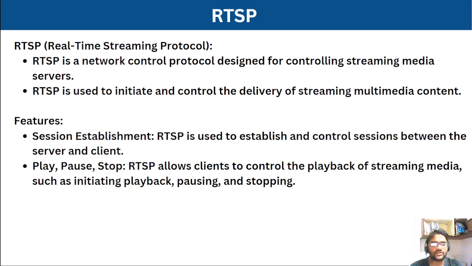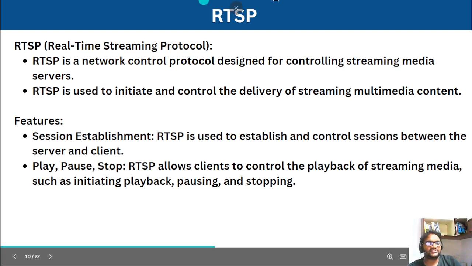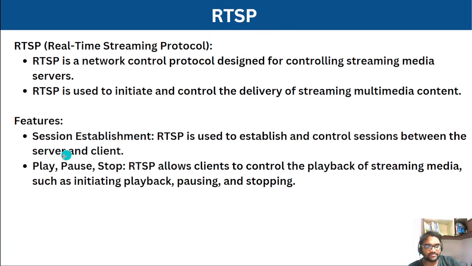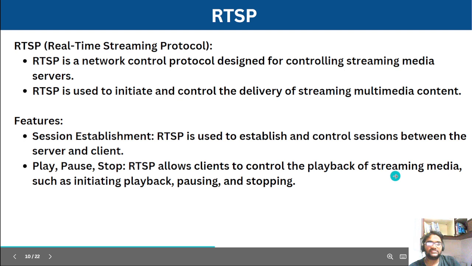Now let's move on to the next protocol, which is RTSP. RTSP also works in conjunction with RTP, and it is a network protocol designed for controlling streaming media servers. RTSP is used to initiate and control the delivery of streaming media content. Apart from RTCP, RTSP is also responsible for controlling.